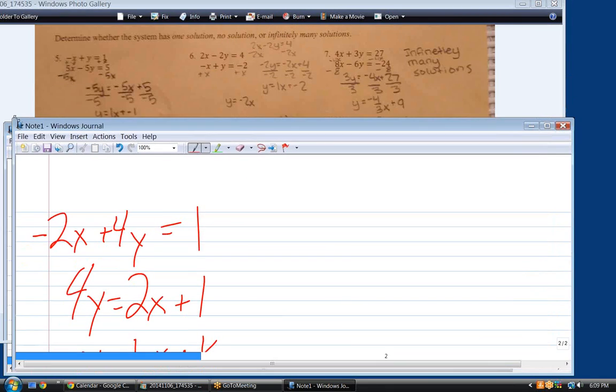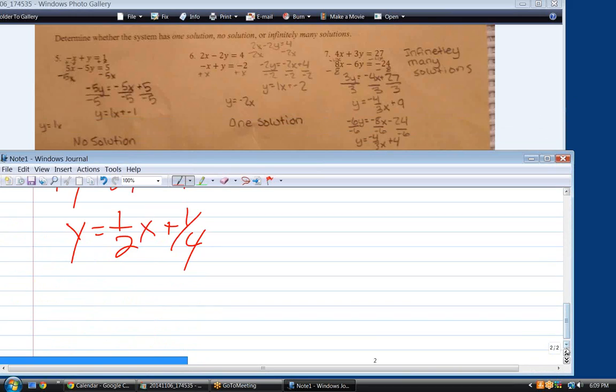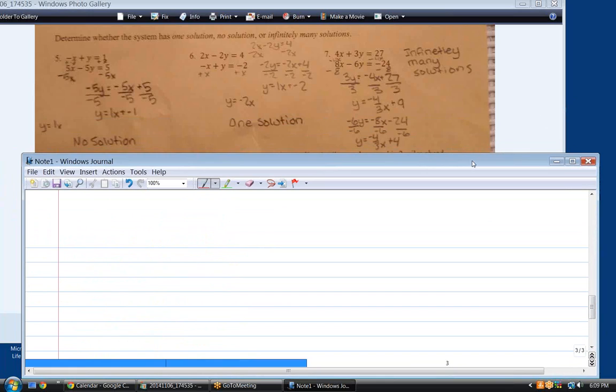Trying to arrange my things so I got room to see your answer. We have 5x minus 5y equals 5.